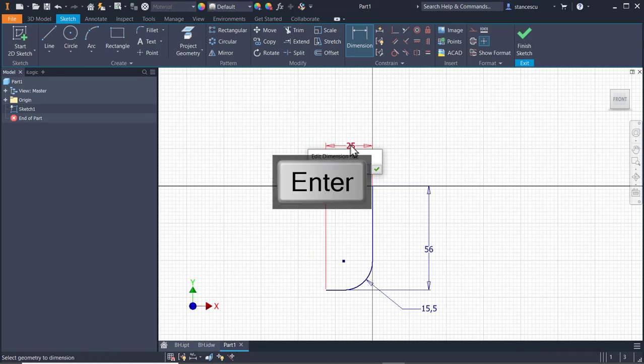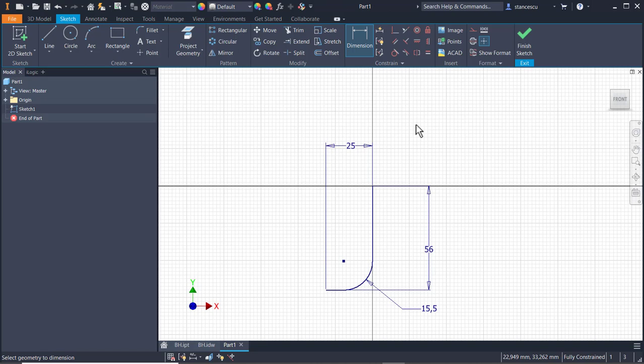Always we use expressions instead of calculating by head.